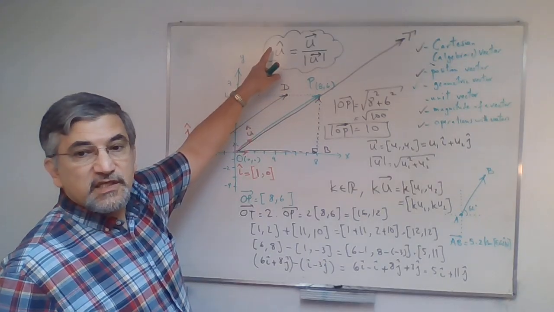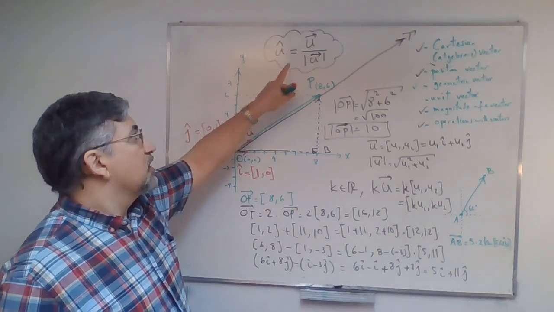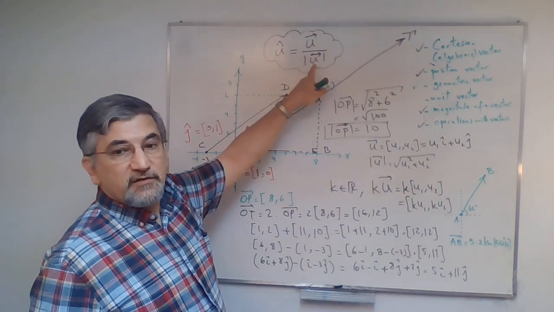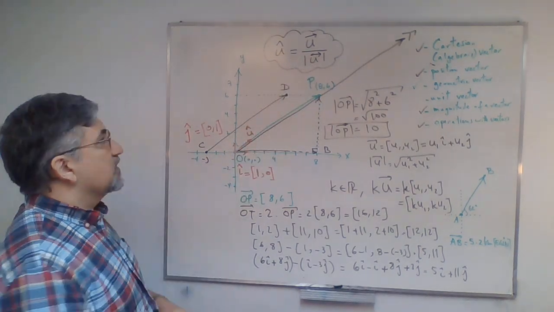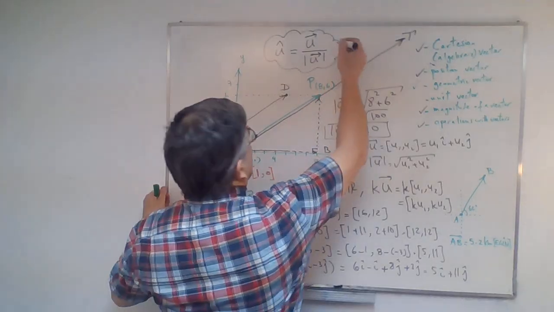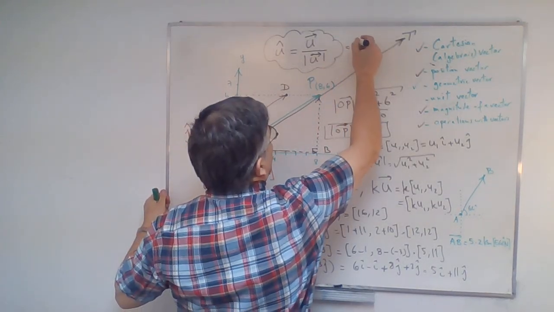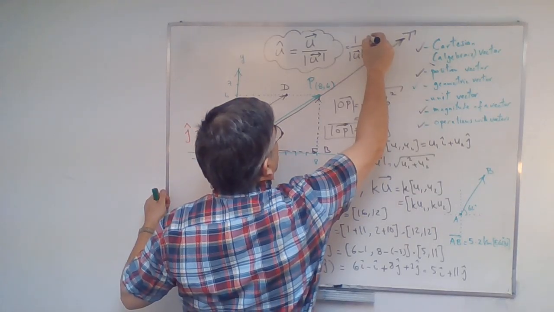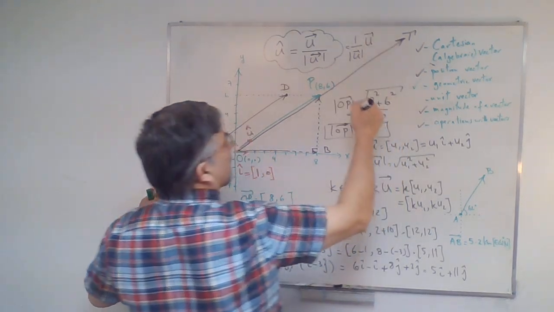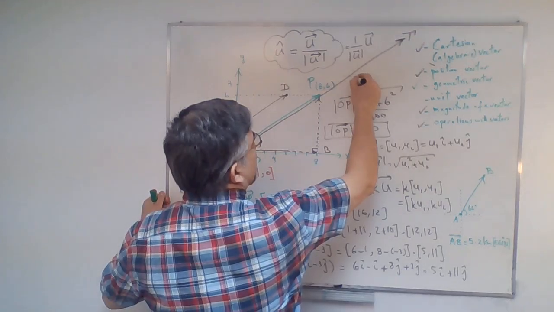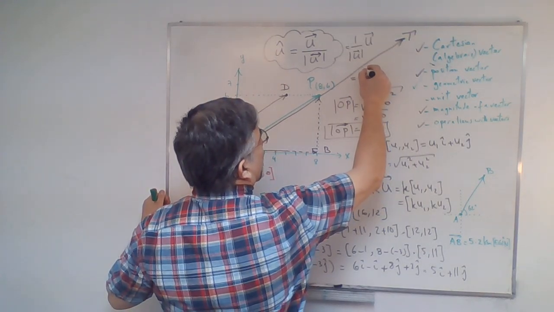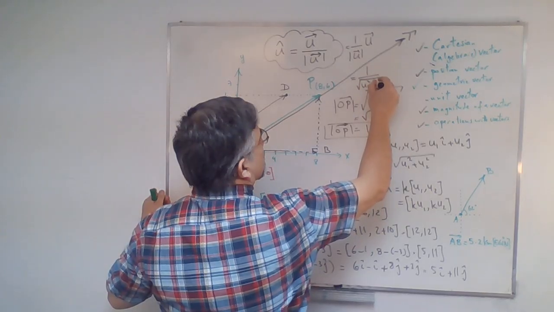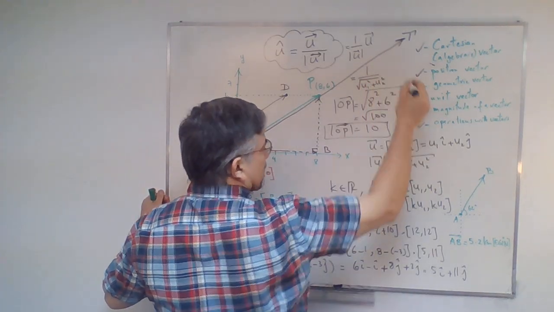U hat stands for unit vector along vector u. Vector u is the vector itself, and magnitude of vector u is the size of that. And you can rewrite this actually as 1 over magnitude of u times the vector, and that itself could be written as 1 over square root of u1 squared plus u2 squared.